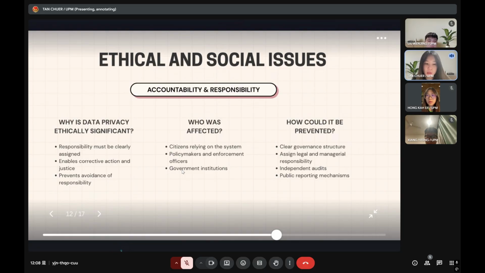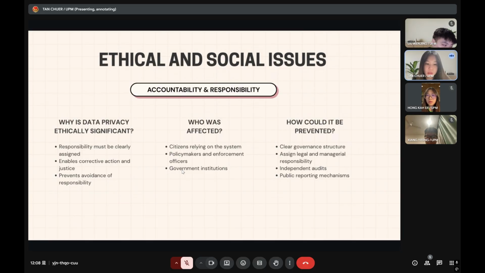Now let's talk about accountability. In any big system, when something goes wrong, someone needs to be responsible so it can be fixed. If there is no clear chain of command, it's easy for people to avoid responsibility when errors happen.